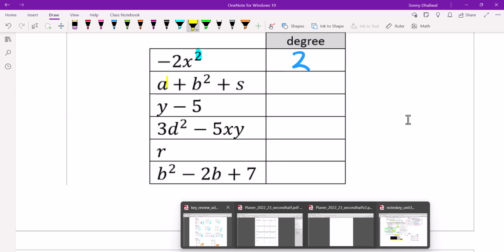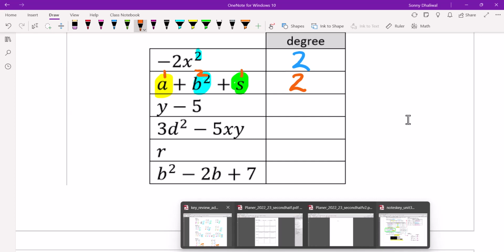We said there was a term here, and a term here. So we need to know the degrees of each term and pick the highest one. First term has what degree? 1. The letter A has a 1. What's the degree of the second term? 2. What's the degree of the third term? 1. What's the degree of this polynomial? 2. The highest one. Right?